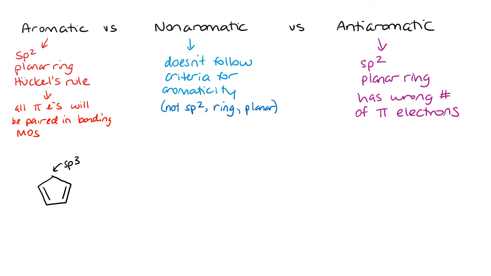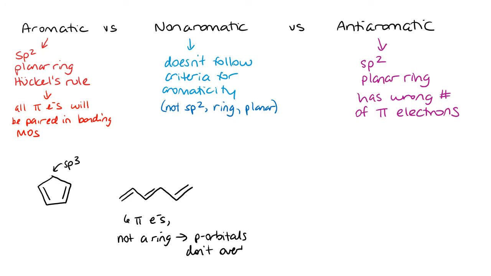An example of something that is not a ring would just be a simple conjugated system, such as this one. So even though we have 6 pi electrons, it's not a ring. Since it's not a ring, it means the p orbitals do not overlap continuously. And an example of something that is not planar.